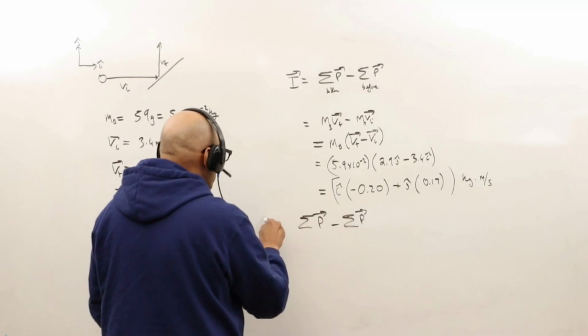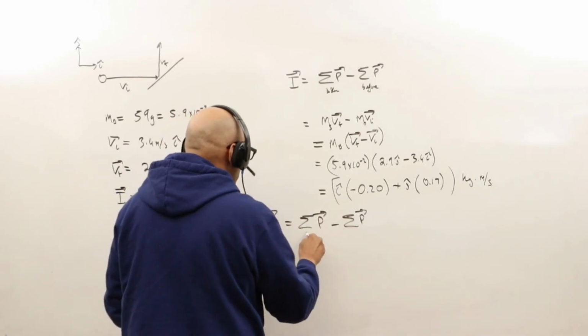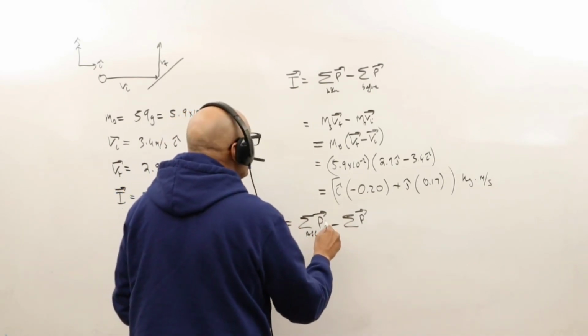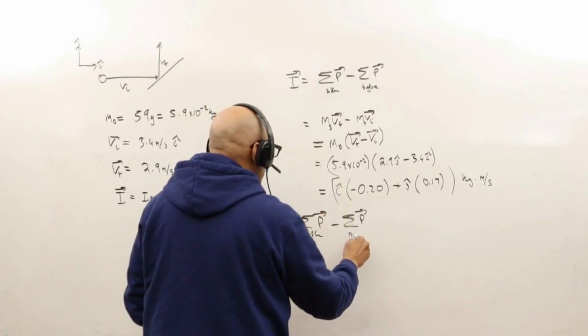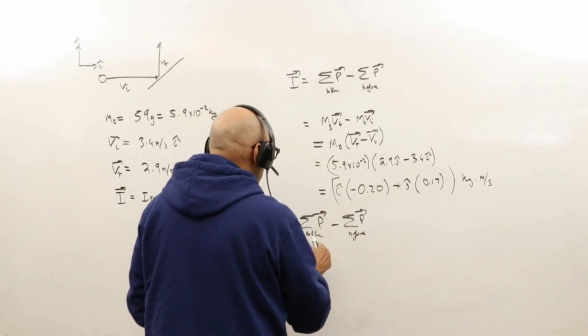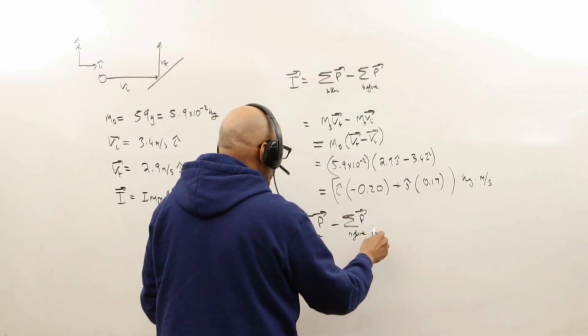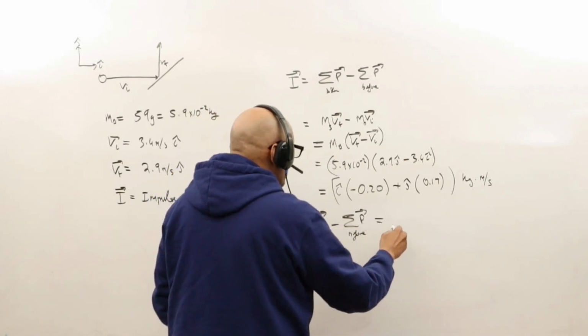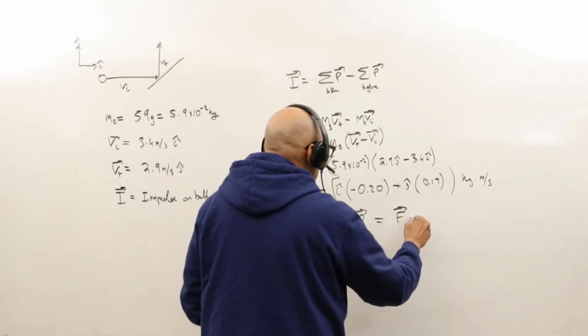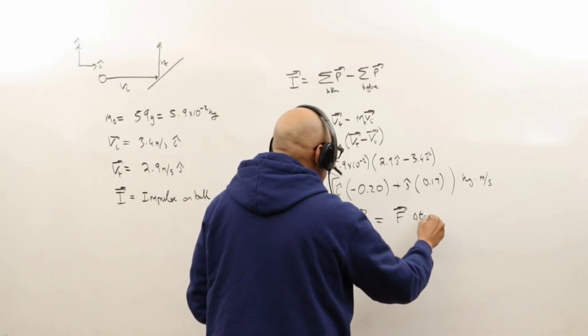So our impulse is final minus initial, and that is equal to the average force applied times an interval of time delta t.